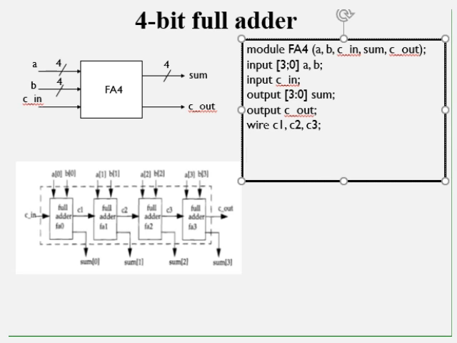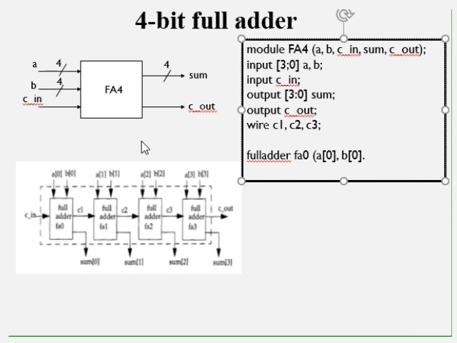Now I need to instantiate these full adders. So I will give the name of the module, which is full adder. FA0 is the instance name or instance label. Then I need to map the ports. I will give A of 0 first, B of 0 next.